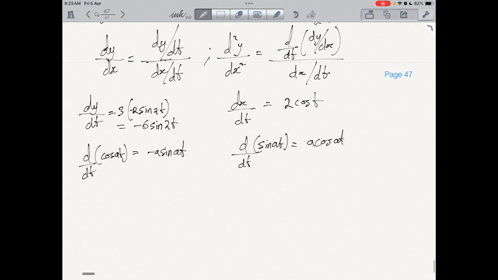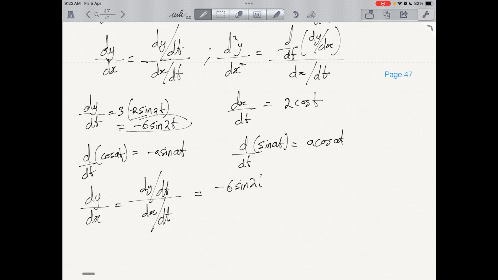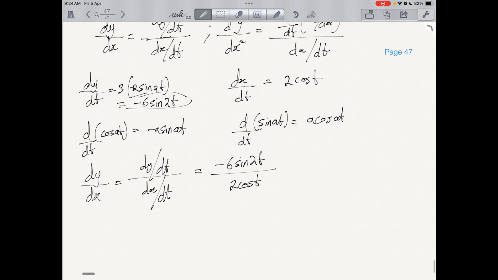Now let's apply the formula that dy/dx is equal to dy/dt divided by dx/dt, and our dy/dt is minus 6 sin 2t, and our dx/dt is 2 cos t. Can we simplify further, or should we just leave our answer like this?